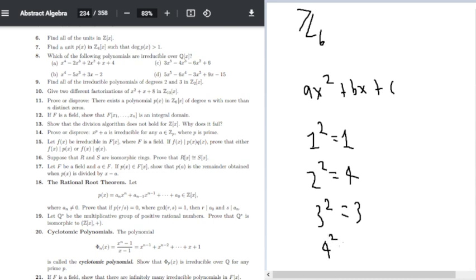Oh god, idempotent element, weird. 4 squared is equal to 16, which is 12 plus 4, so 4. And then 5 squared, our last element. So 5 squared is equal to 25, which is equal to 1.